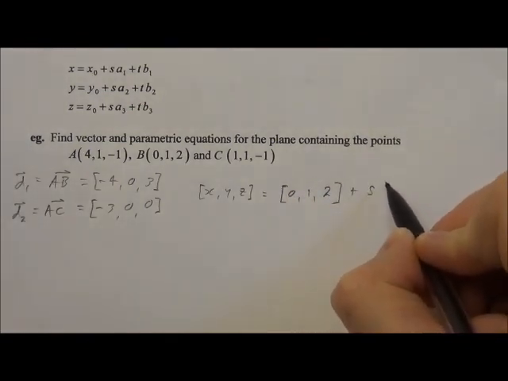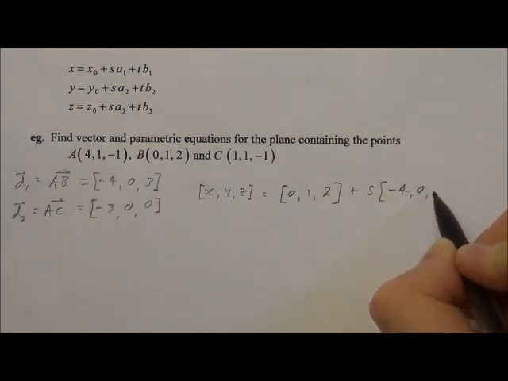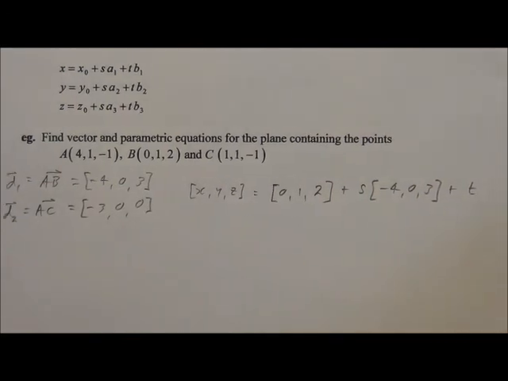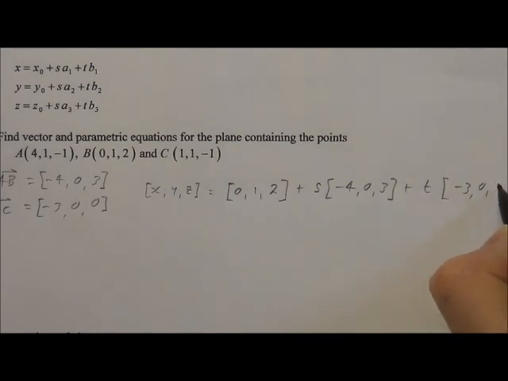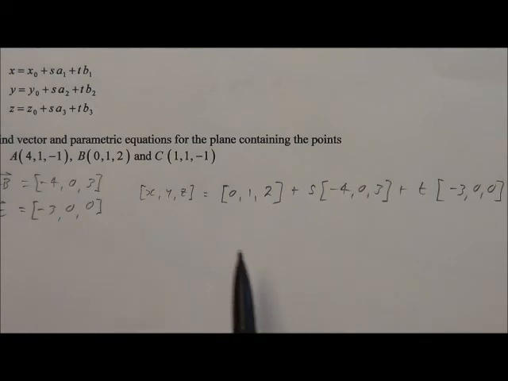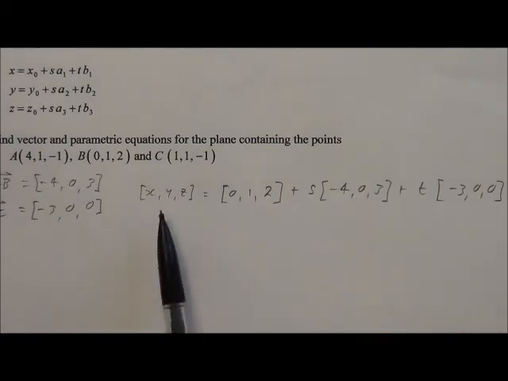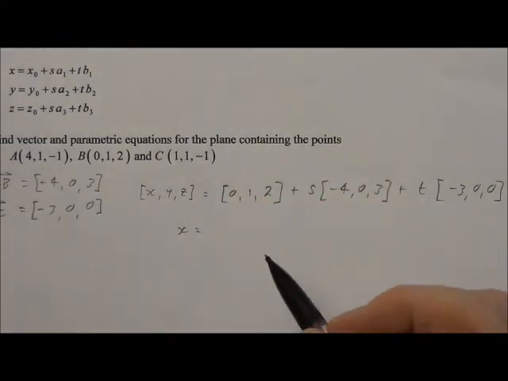Plus we've got the parameter s with direction vector -4, 0, and 3. And parameter t with direction vector -3, 0, 0. Okay, so there is the vector equation of the plane. And then the parametric equation of the plane, you just take out all the like components.